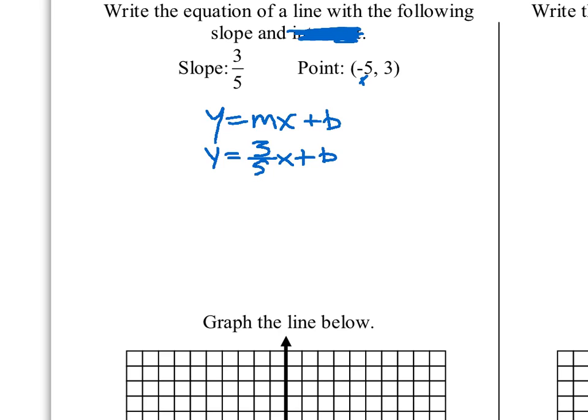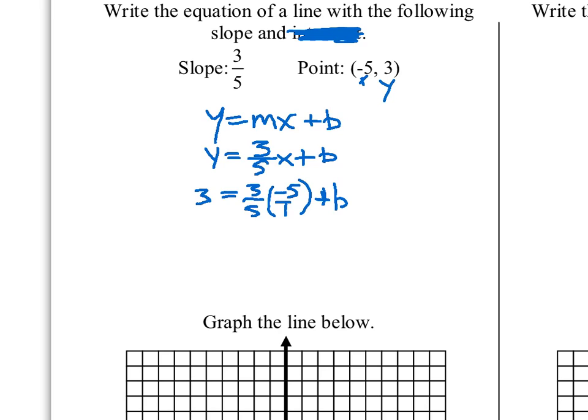So we're given an x and a y that we know are supposed to make this equation true. We know these two numbers should make this equation true. So if we plug those numbers in, 3 is equal to 3/5 times -5. We know this is going to continue to make this equation true.